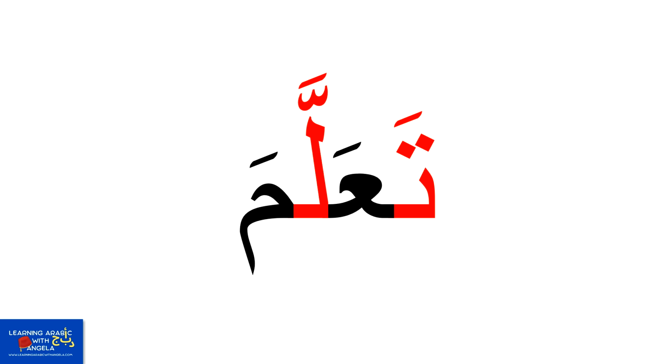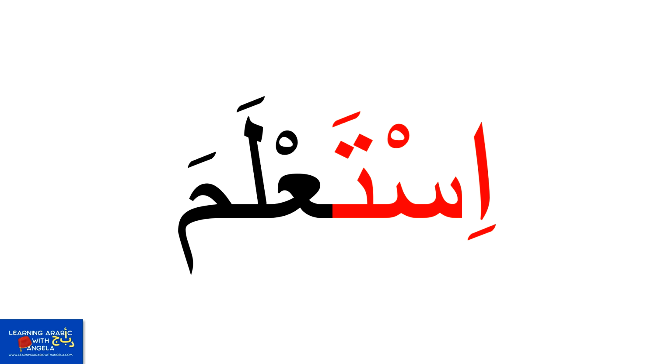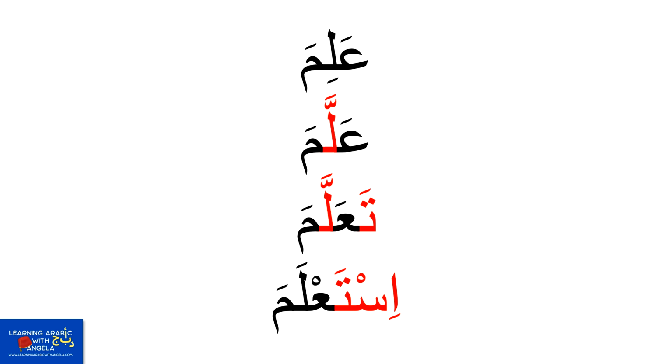In English, we say simply, learn. And add even more letters, and now you're not teaching, you're not learning, you're seeking knowledge, or in other words, to inquire. Ista'lama. Alima, allama, ta'allama, ista'lama.